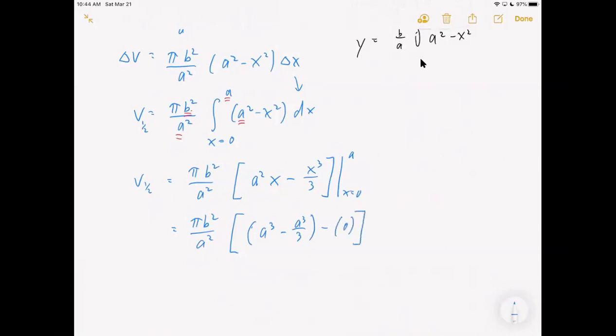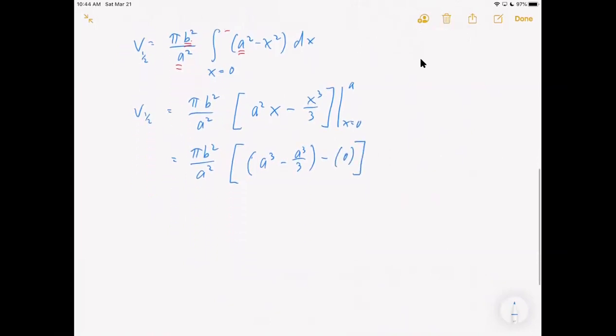So let me just write minus 0. Now, it's easy to see that the first parenthetical quantity, the inside of the brackets, would just be 2/3 of a cubed, and obviously 0 is just 0.